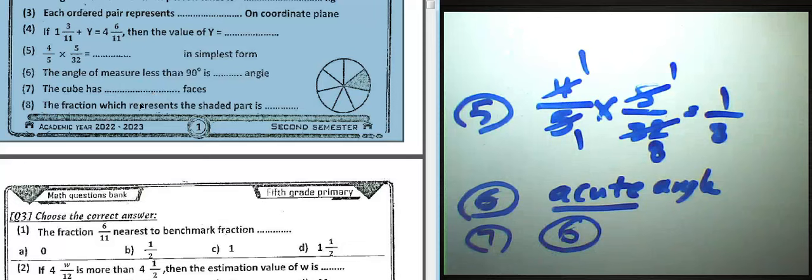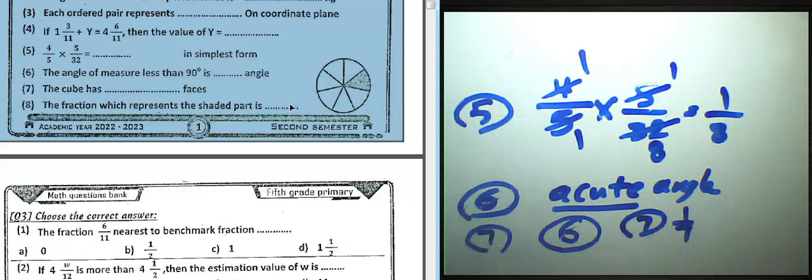Question 8. The fraction which represents the shaded part: how many parts are here? 1, 2, 3, 4, 5, 6, 7. We have 7 parts here. So the shaded part here will be 1 over 7. Right here, 1 over 7.